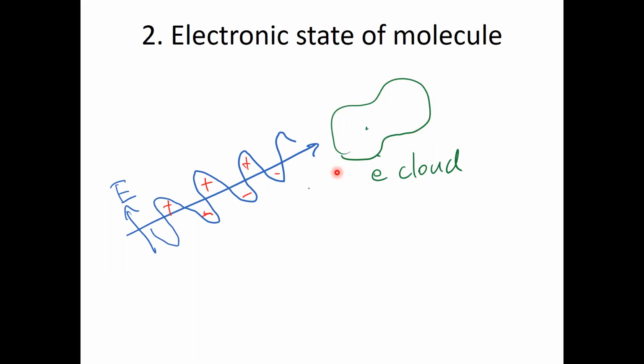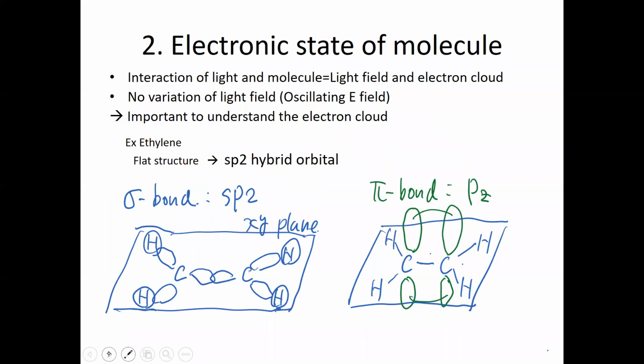So the key point is we have to understand photochemistry, or photochemical reactions. We need to understand the electron crowd, meaning the electronic states of molecules. So let's start from an example of the ethylene case.